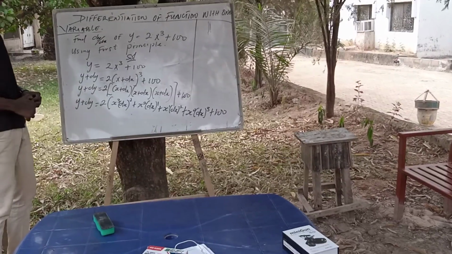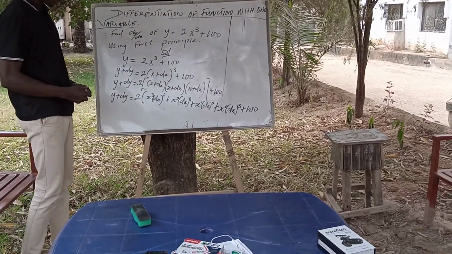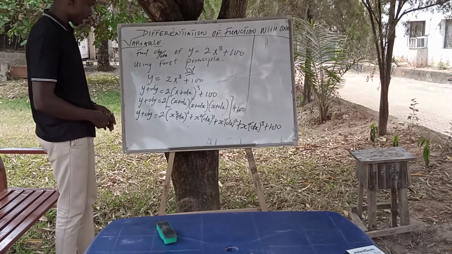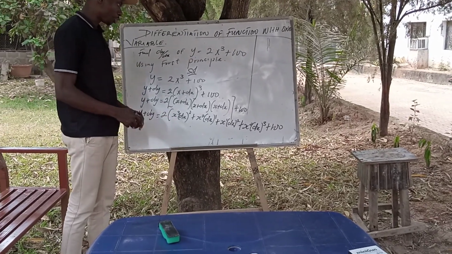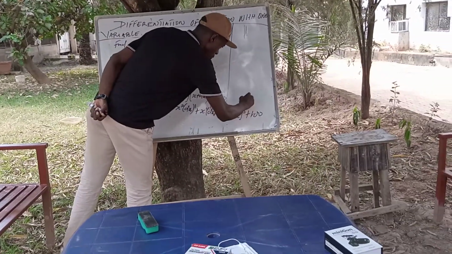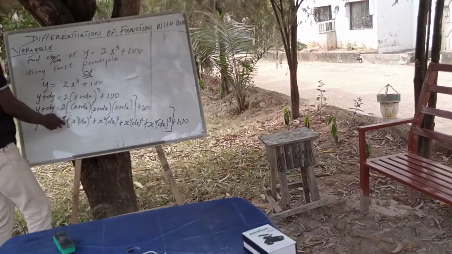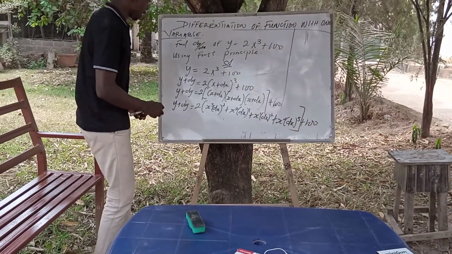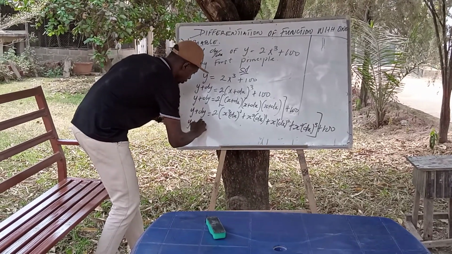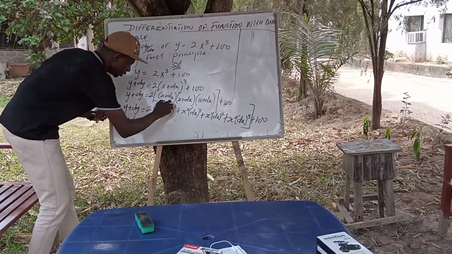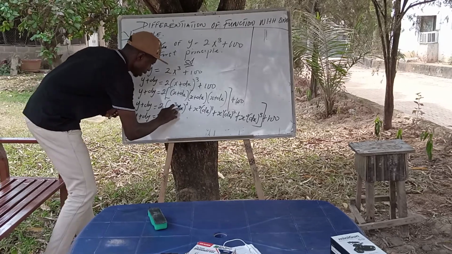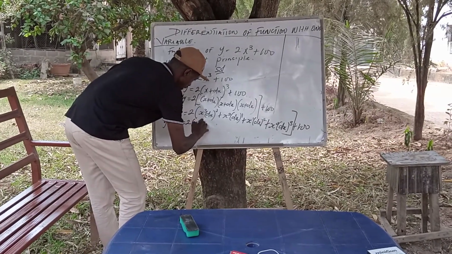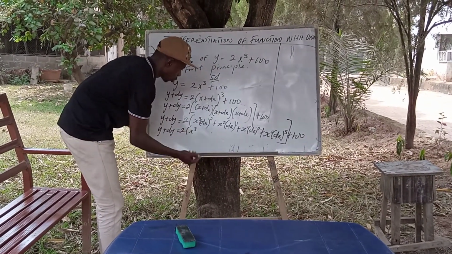At this point is not the final answer. So what you have to do now is bring this one together. You have to bracket it because you are multiplying by 2. Then you have it as y plus delta y, into this bracket. Then this is x raised power 3 because delta x raised power 0 is what? 1.